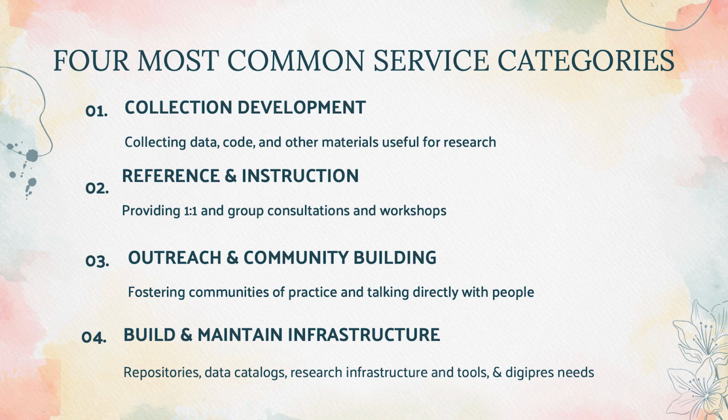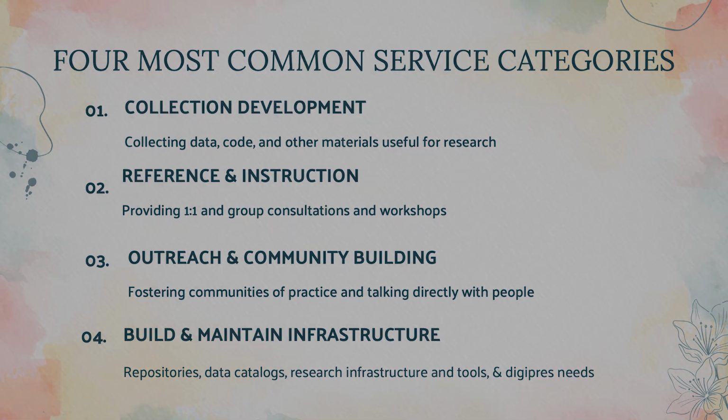It's a lot of one-on-one and group consultation work, a lot of workshops. A big part of that as well is outreach and community building. So fostering those communities of practice where people are using data for their work, seeing where we can help them solve their problems. And building and maintaining infrastructure. So how can we, as the libraries and library workers, facilitate different infrastructure to solve different problems in the life cycle of research?